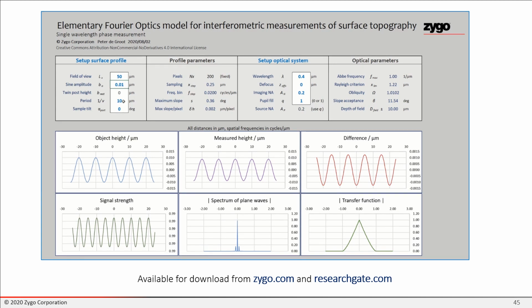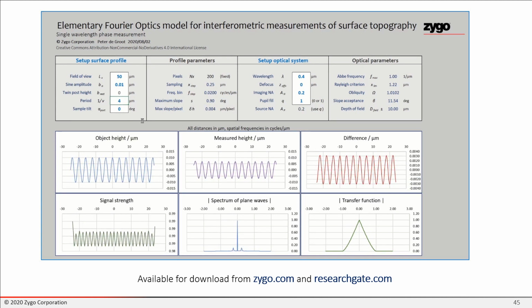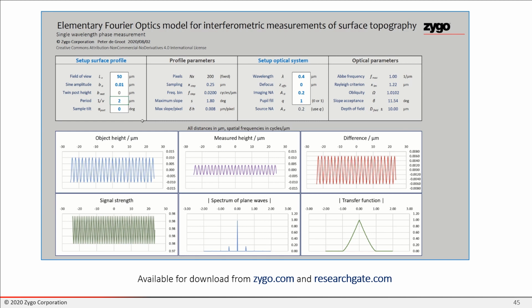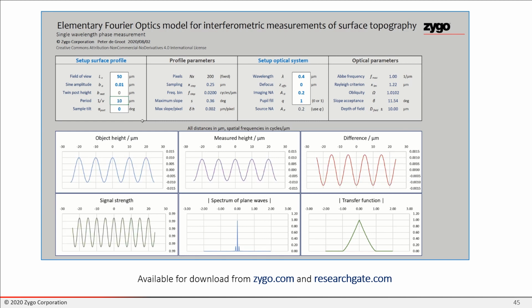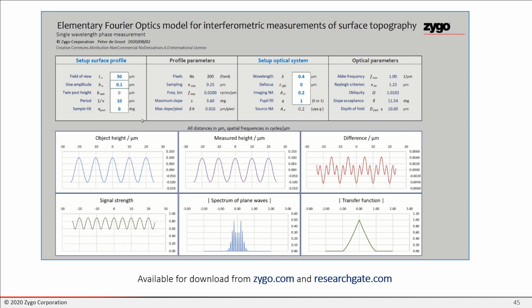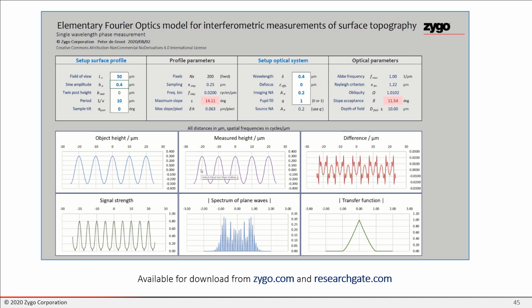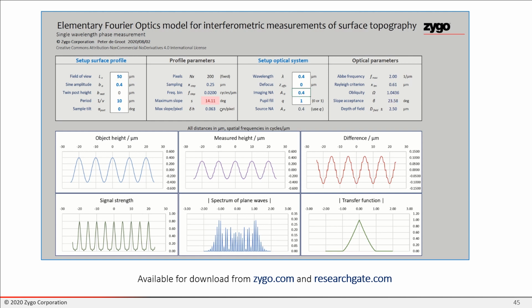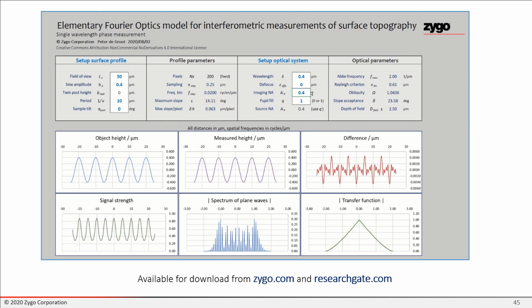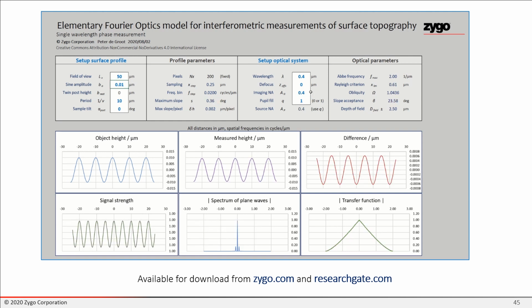So we implemented in Excel a version of the EFO, a very simple implementation where you can change the surface profile characteristics. There's a sinusoid, and you can see the approach of nonlinearities, the spectrum of plane waves, the transfer function when you exceed the slope limits. You can change the optical system.